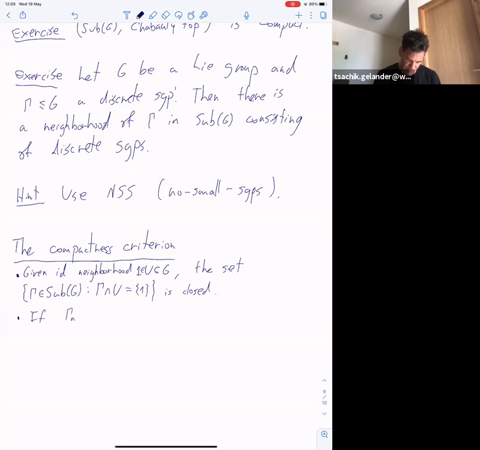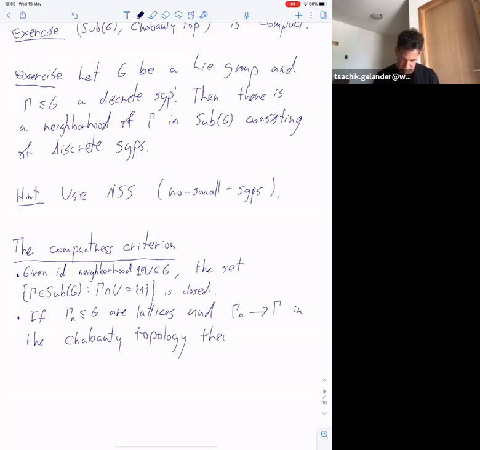If gamma n inside G are lattices and gamma n converge to a limit gamma in the Chabauty topology, then the covolume of gamma is smaller or equal than the lim inf of the covolume of gamma n. So there is lower semi-continuity.